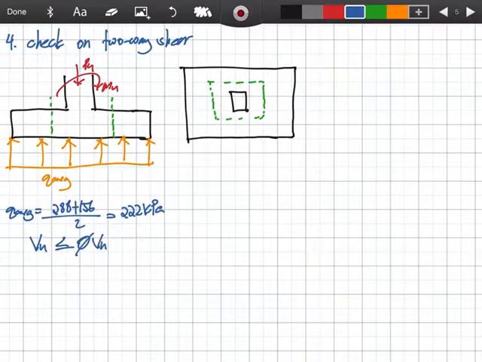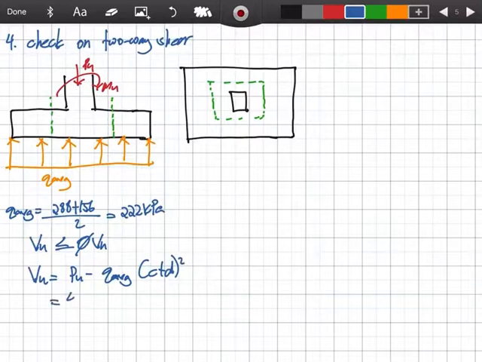Okay? So, para makuha natin ang ating Vu, this is Pu minus Q average times yung area c plus d squared. Pu is 444 minus 222. C natin is 400, d is 400. So, this is 0.8 squared.